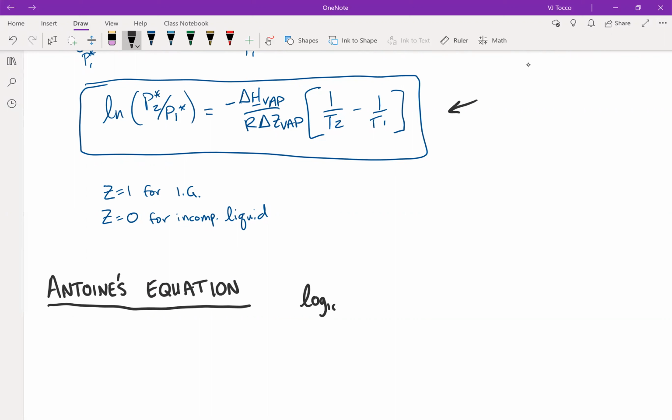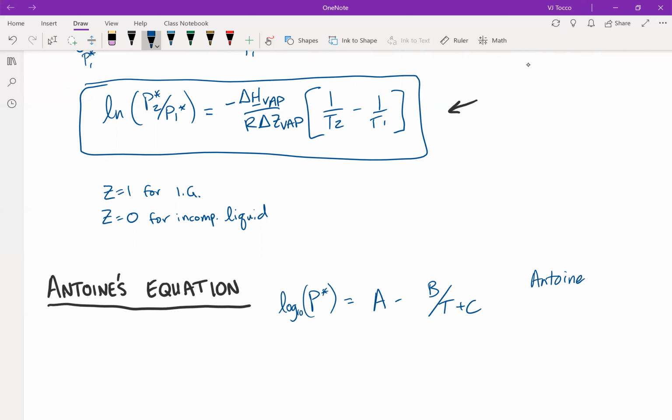It says log base 10. I'm going to try and keep my pen convention consistent. Log of P star is equal to A minus B over T plus C. Remember that A, B, and C are Antoine's constants.